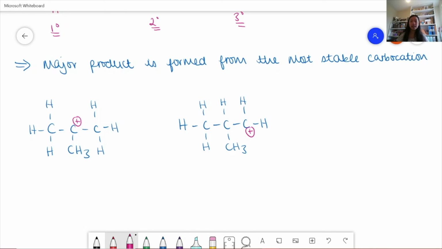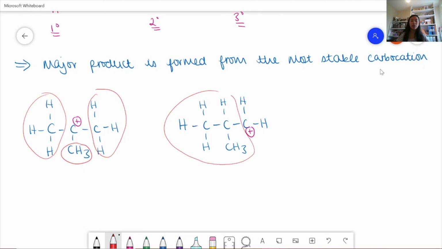And so we can see that the first one I've drawn is a tertiary carbocation, because on this carbon with a positive charge we've got one alkyl group, the second alkyl group, and a third alkyl group. Whereas the second carbocation I've drawn is a primary carbocation, because we only have one alkyl group and two hydrogens.